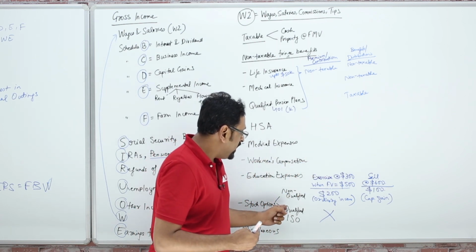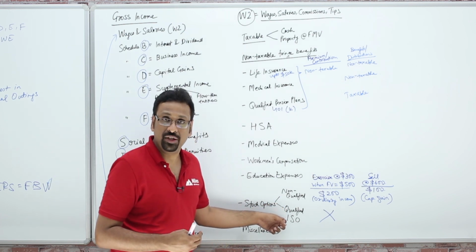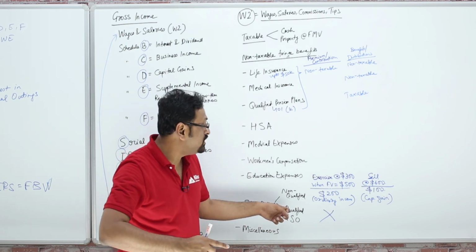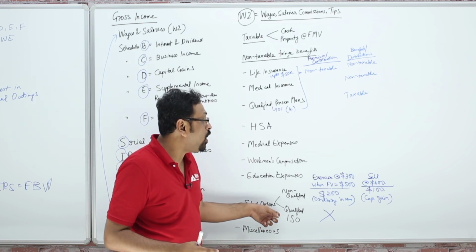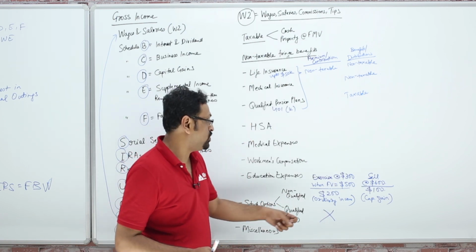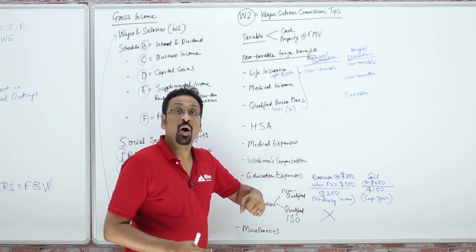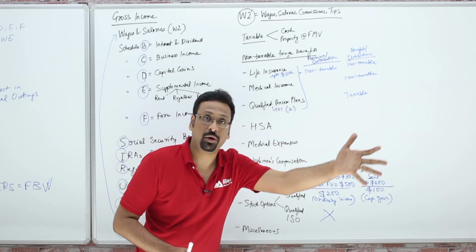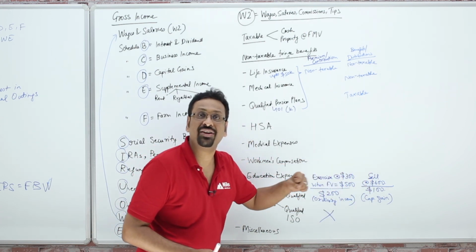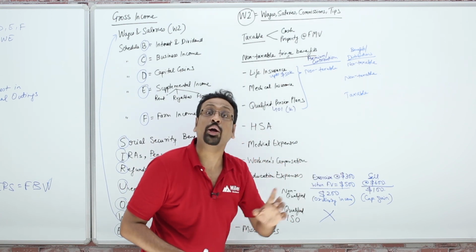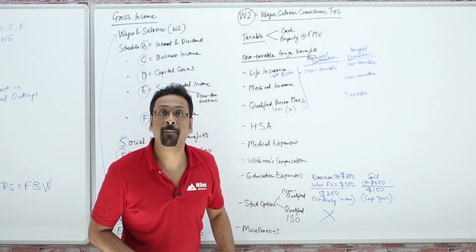However, when it was a qualified stock option, the good news was the employee, you, did not pay a penny of taxes on exercise. Only when you sell the stock, and in this case you sold the stock for $600, only when you sell the stock do you pay taxes to Uncle Sam.